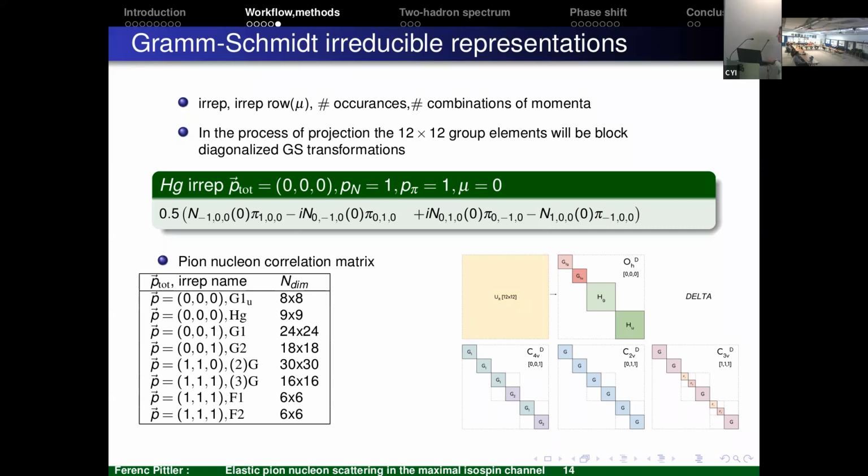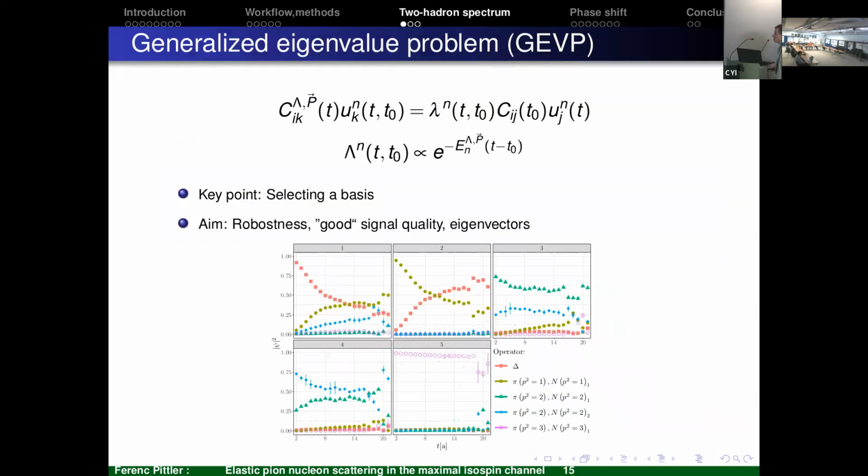We have such a large matrix per time slice, and this is what we have to deal with in order to compute the energy levels that we can use in the Luescher analysis. These are the C matrices that I was talking about, and their dimensions.